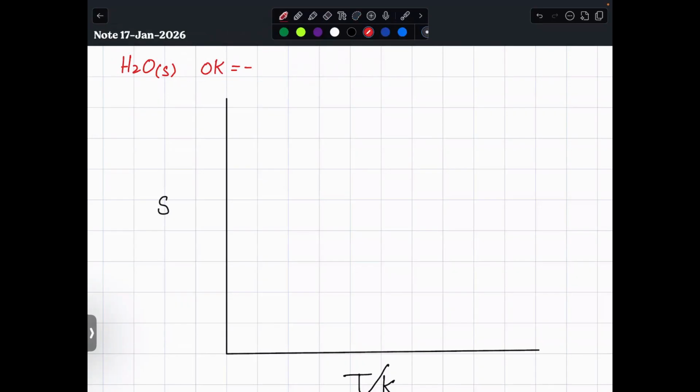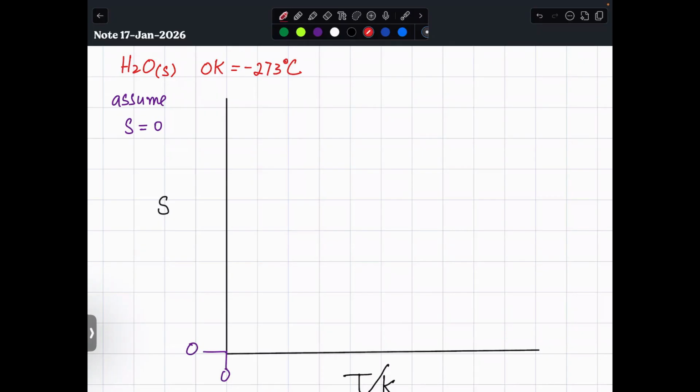H2O at 0 Kelvin, at minus 273 degrees Celsius. Definitely it is solid. It is highly ordered. But I can't say that this order is 0. We can assume that its entropy is 0. So at 0 Kelvin, the entropy is 0.